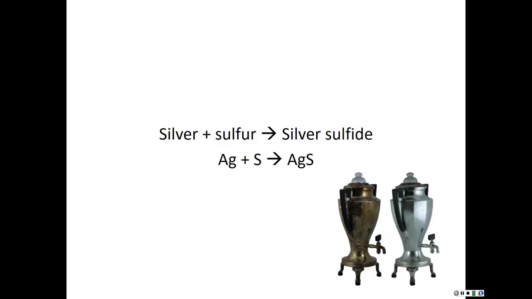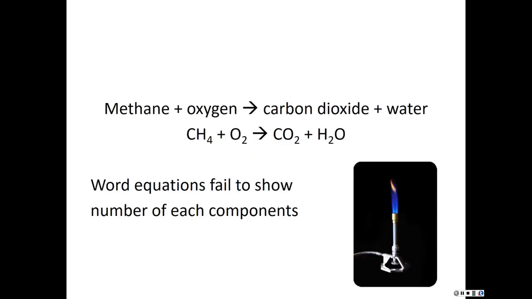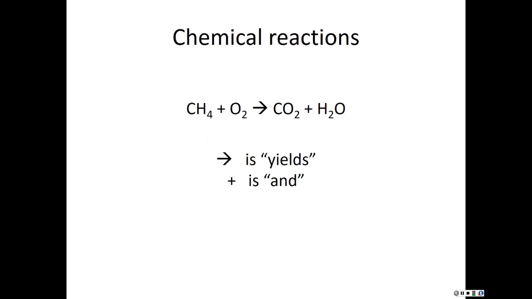Now there are other things we can include as well. I'll come back to that in a second. When you're looking at an equation, we've got pluses and then the arrows and so forth. A plus is basically the same thing as and, or with, or something also. But usually the pluses you can just substitute in and for. And then the arrow is yields, or produces, or forms, or something like that.